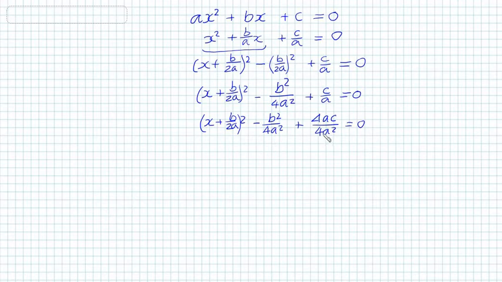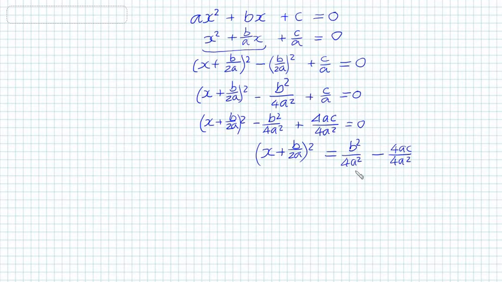The next thing we need to do is to remove these two terms from the left hand side of the equation, so we get x add b divided by 2a all squared equals, removing this term, which we do by adding b squared divided by 4a squared, and this term by subtracting 4ac divided by 4a squared.